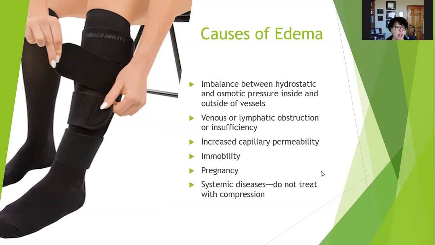So in general, those are the causes. But remember that we talked about in 273, increased capillary permeability. So more fluid is getting into the interstitial space. Venous or lymphatic obstruction, so fluid can't get out of the interstitial space, and anything that changes the balance between hydrostatic and osmotic pressure.